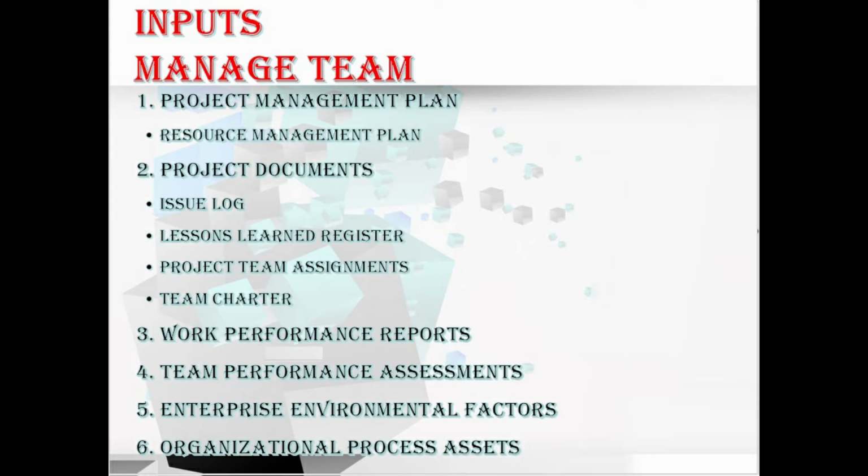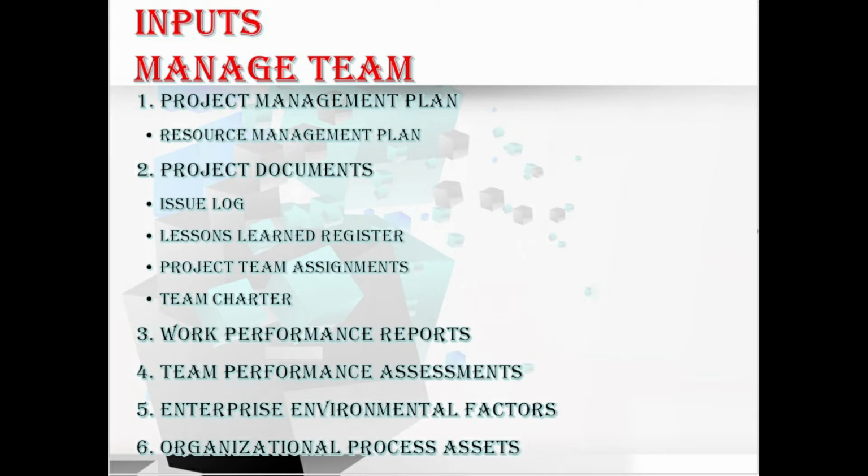Issue log. The issues that arise in the course of managing the project team can be updated in the issue log. An issue log can be used to document and monitor who is responsible for resolving specific issues, with target dates. Next, the lessons learned register. Lessons learned earlier in the project can be applied to later phases to improve the efficiency and effectiveness of managing the team.